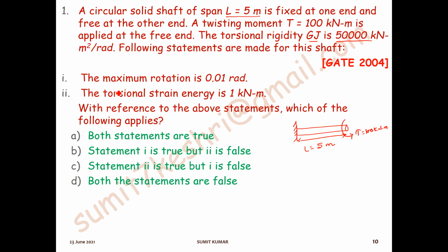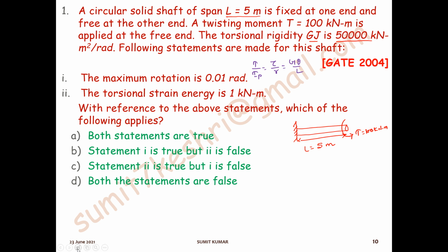First of all, check statement 1. Statement 1 says the maximum rotation is 0.01 radian. Recall the torsional formula, T by IP equal to tau by R equal to G theta by L. To find theta, we use the first term and the last term.